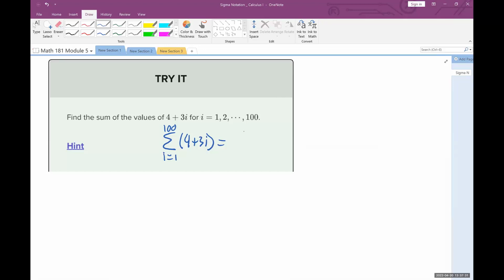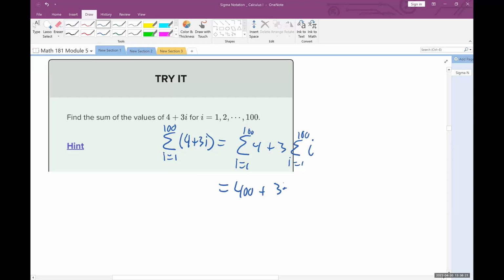4 plus 3 times the sum of i from 1 to 100. I like that. And what is the sum of 4 going from 1 to 100? 400, good. 400 plus 3 times what? So we have this i equals the sum 1 to 100.